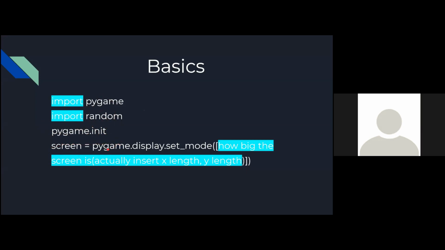And then the screen, pygame.display.set_mode. This is how you want your screen. It shows how big you want your screen to be, but you should actually just insert Y and X, not how big the screen is.